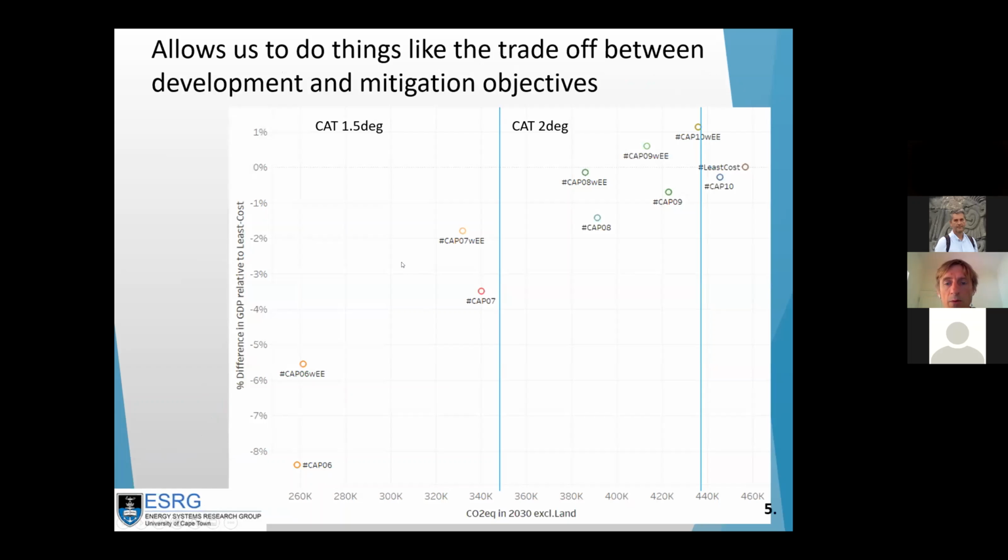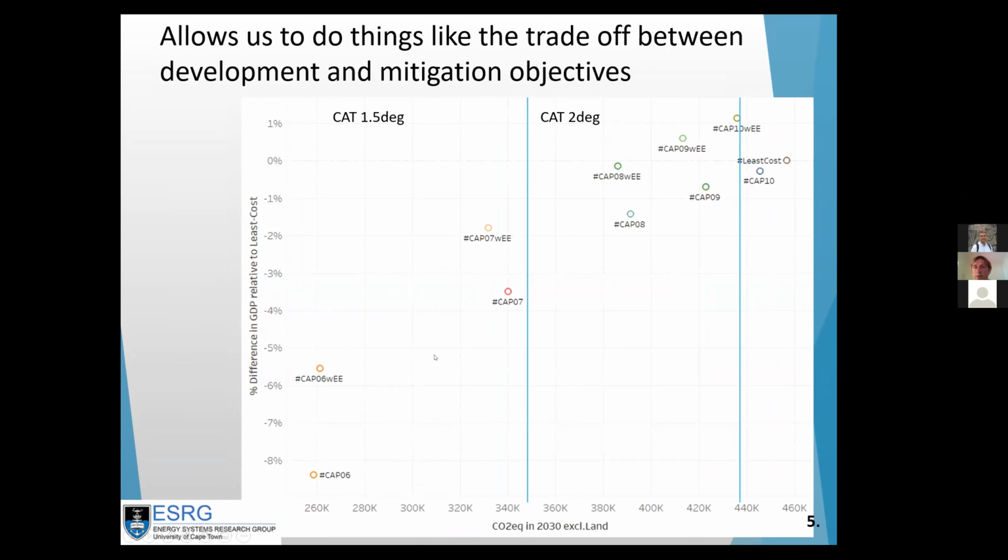So here's an example result of the framework. On the x-axis, we have the CO2 eq emissions in 2030, excluding land. And on the y-axis, the GDP loss for a set of scenarios relative to a reference point. And we're running 2 sets of scenarios here.